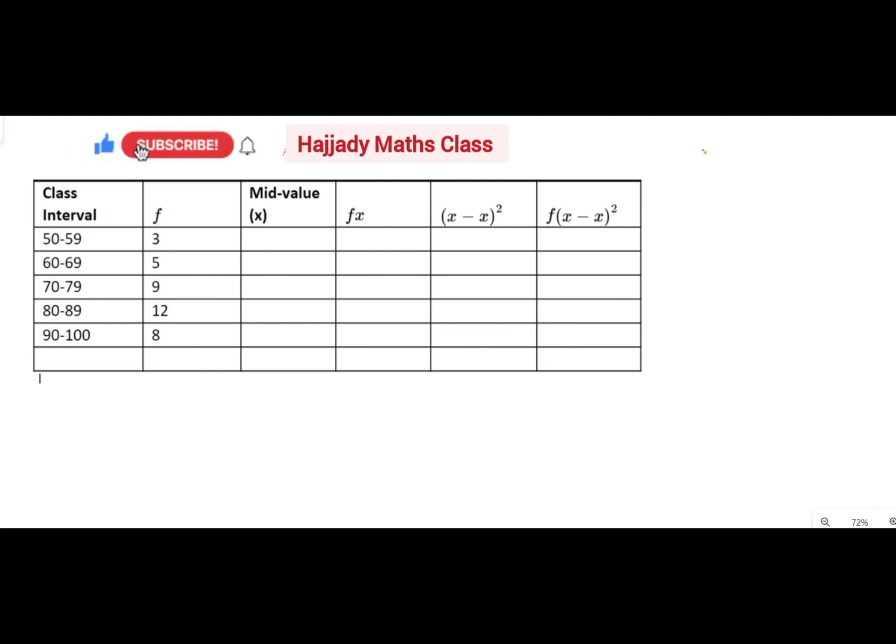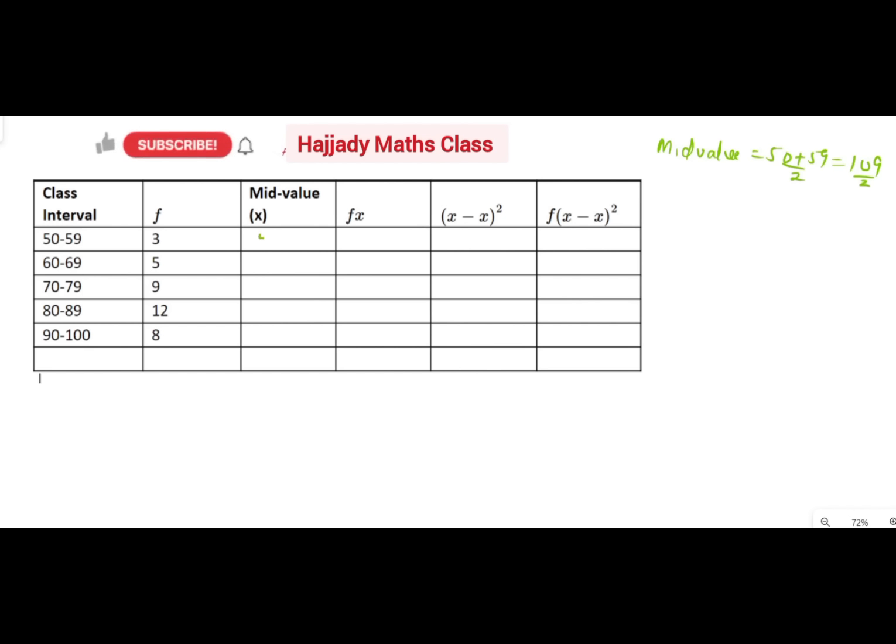And for us to get the middle value, since our class interval is 50 to 59, then we can say that our mid value will be equal to the average of the two. That is, 50 plus 59 over 2. And 50 plus 59 is going to give us 109 over 2, which is the same thing as saying 54.5.